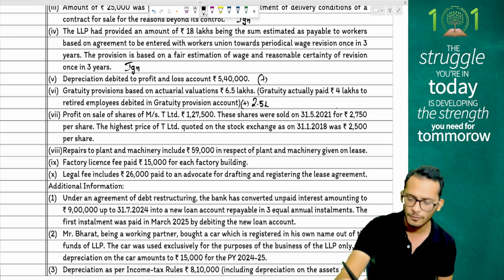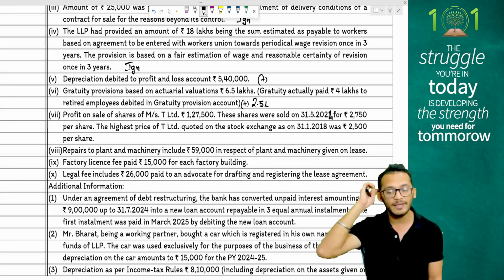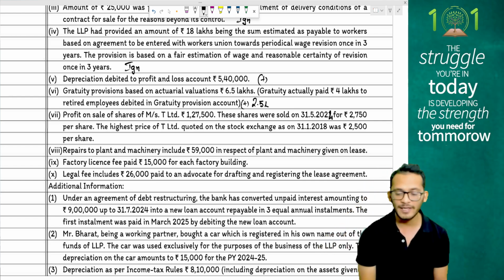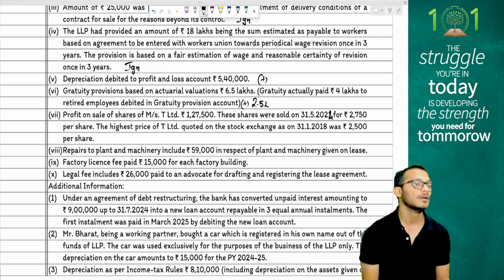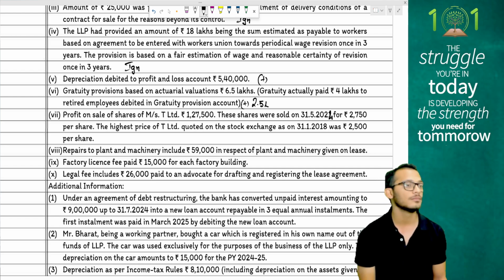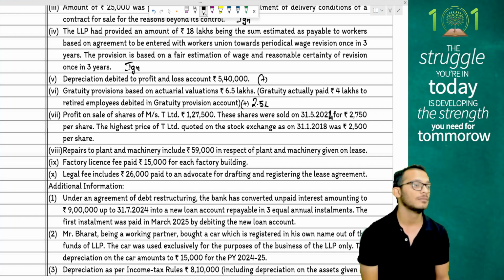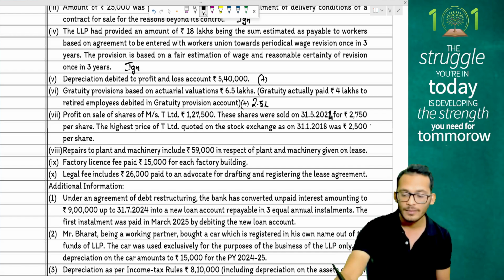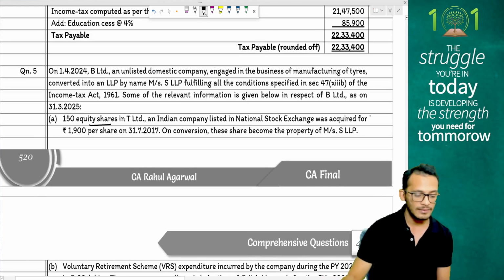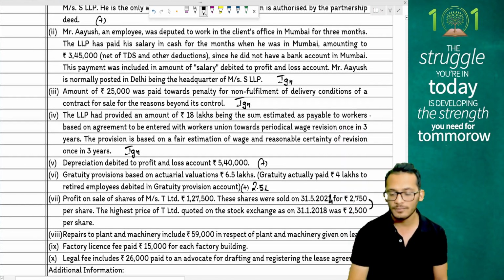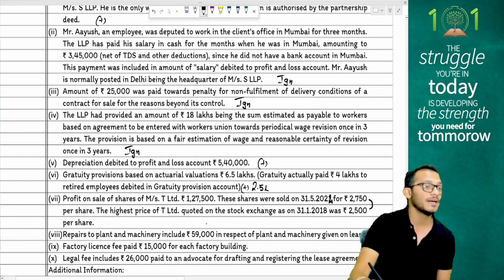The shares were sold on 31st May 2024 for 2,750. The highest price quoted in 2018 was 2,500 per share. Shares are 112A. You have to take FMV or FVOC, whichever is lower. Therefore, 2,500 becomes my cost of acquisition.